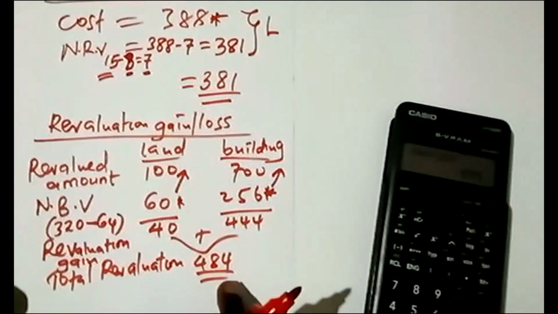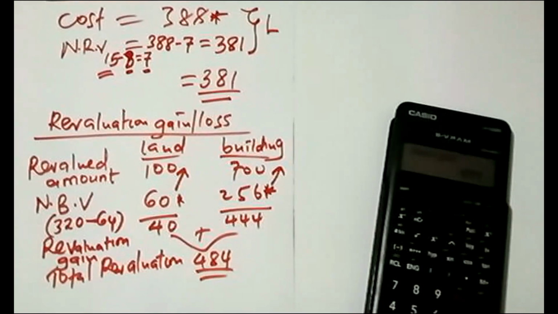Then there's something they mentioned. They said that after evaluation, the building has a useful life of 40 years. What are you supposed to do when you are given useful life?